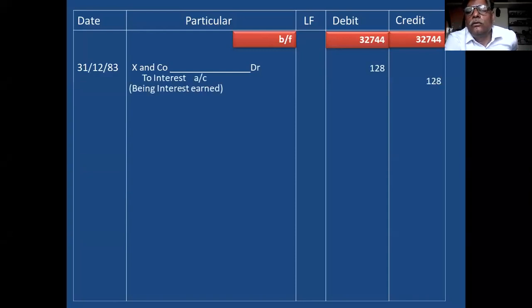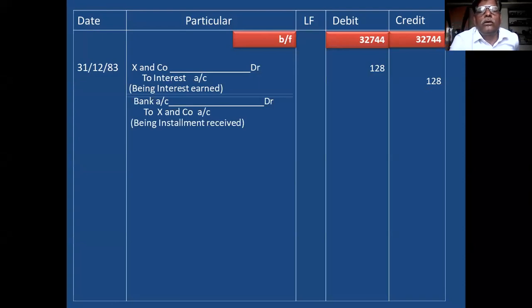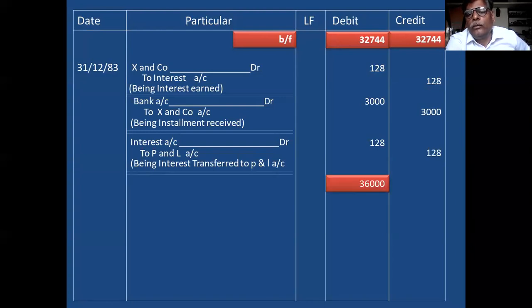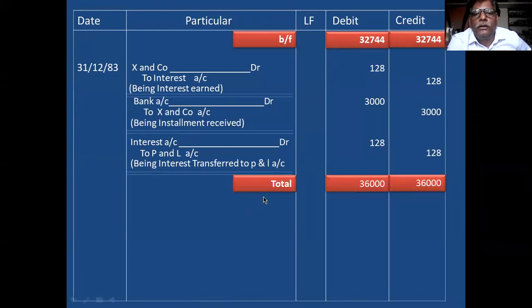Being interest earned, 128 is the last year's interest. Then receiving the installment: bank account debit to X and Company account, installment received, 3,000, 3,000. Then transfer of interest: interest account debit to P&L. These are the entries I already explained, and your duty is to copy and paste. The last total is 36,000, 36,000.